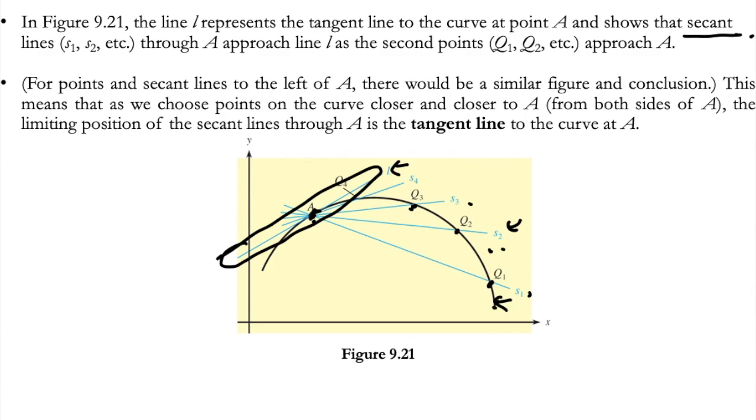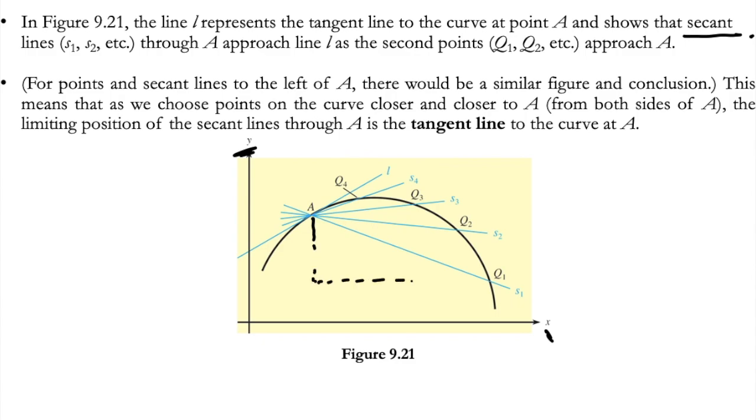All right, now let me erase the mess here. I want you to look at this important thing. If we have point A and Q1, which is on secant line 1, so this is Y, this is X. At point A, you have the coordinate of A, let's say X1 and Y1.